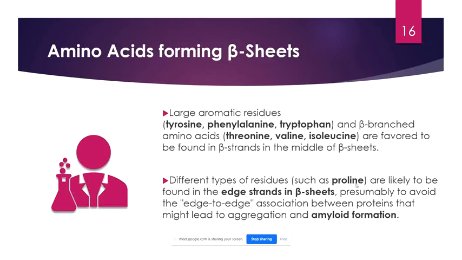So at the edge, if you have proline, they are unable to form that hydrogen bond, and as a result they don't form amyloid. It's a preventive measure from the body to prevent protein aggregation, because your body does not want you to get Alzheimer's disease. So it's a preventive mechanism for the body as well. Clear?